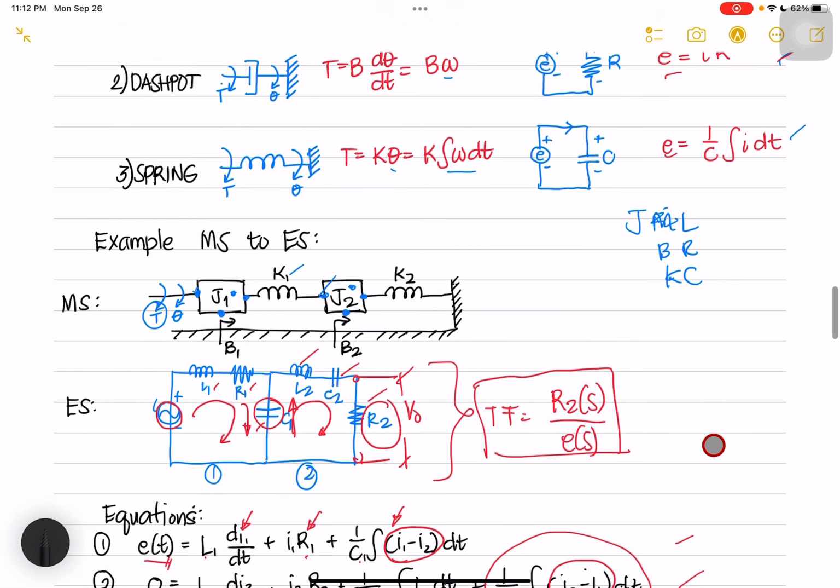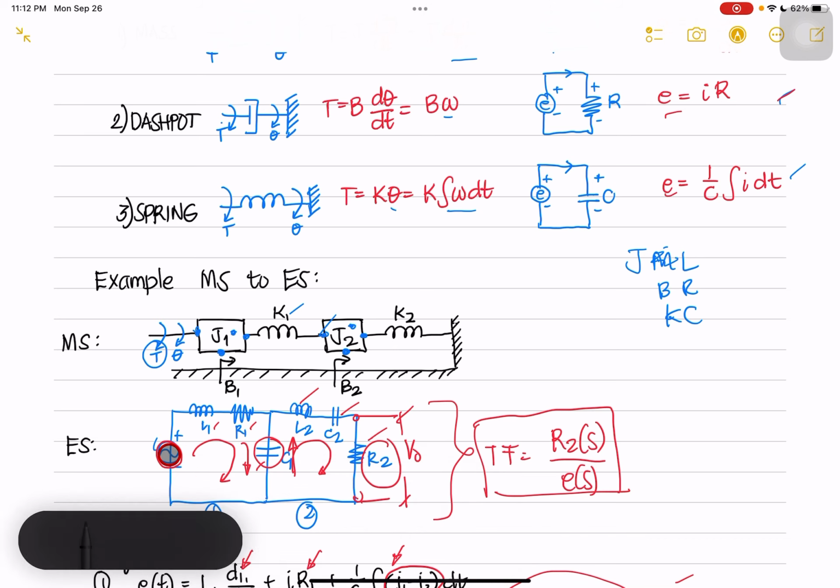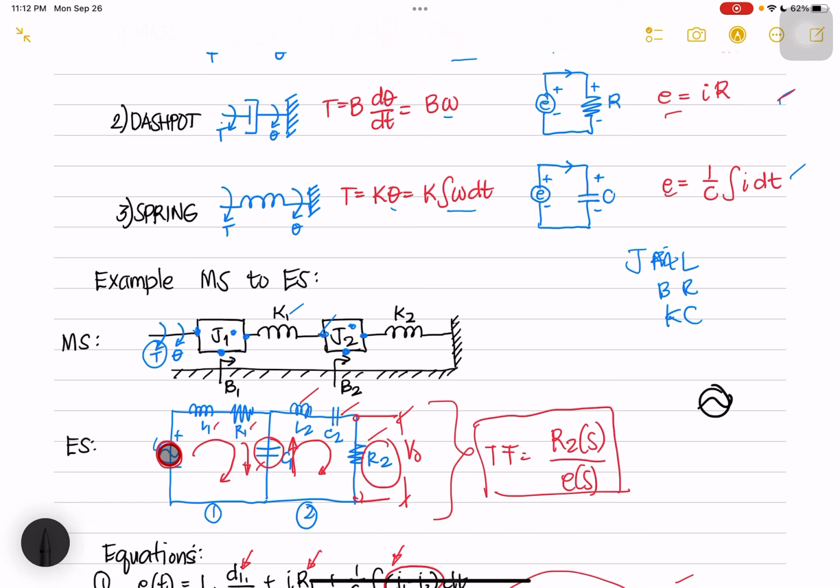So, same concept din dito sa conversion, actual conversion. So, we have J1, J2. Therefore, we will have 2 loops here. So, our input is theta. Torque. The displacement here is theta. So, our input would be voltage source. Okay? Voltage source. Isa ring, kung ayaw nyo gumamit ng ganito, you can also use this.